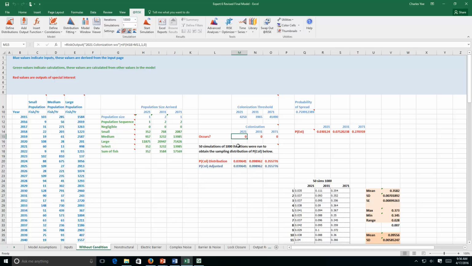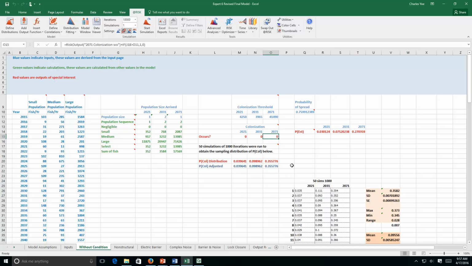There was no colonization by 2021 in this scenario. We had 3,584 fish, not quite enough to exceed the threshold, so we had a 0 here. And here we have 17,000 fish, not enough to exceed the threshold here, so we put a 0.